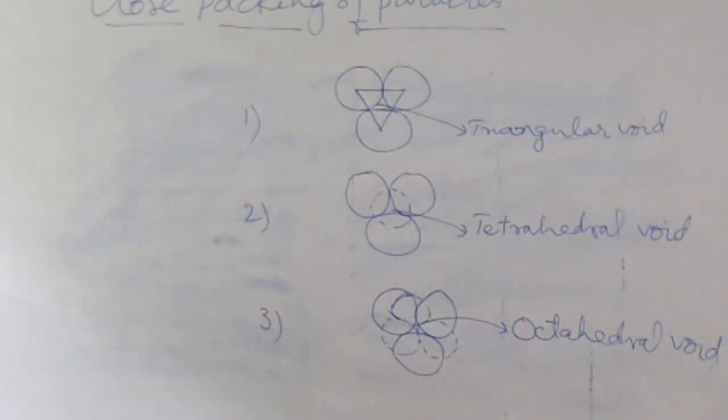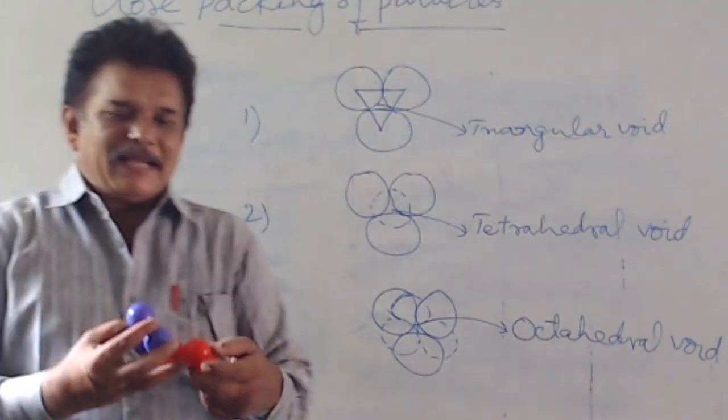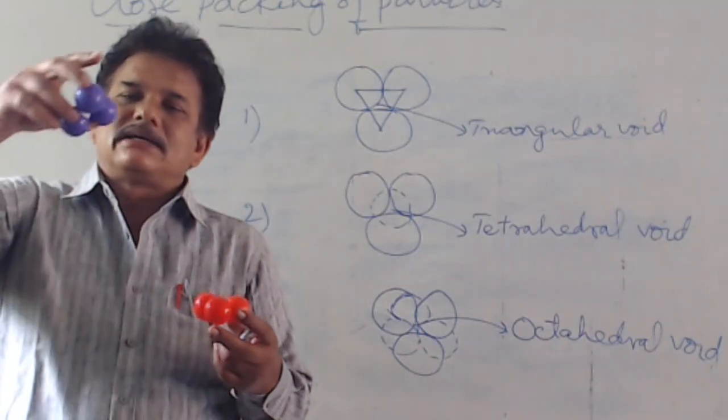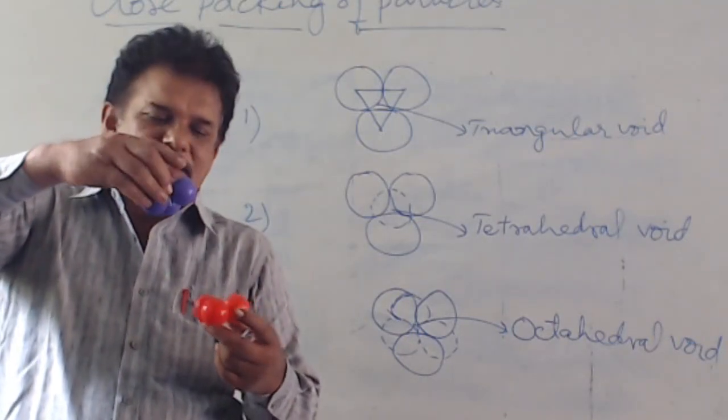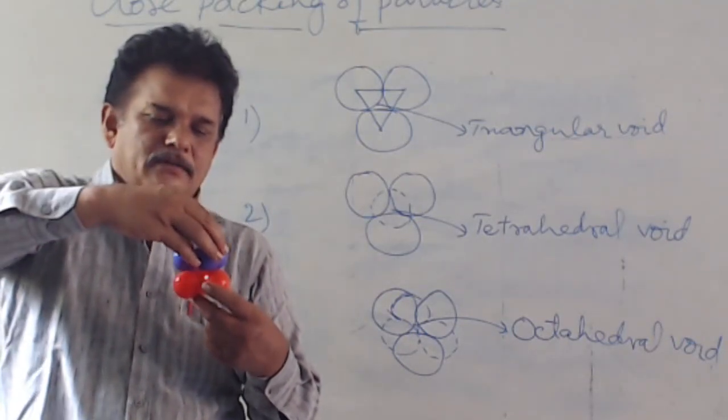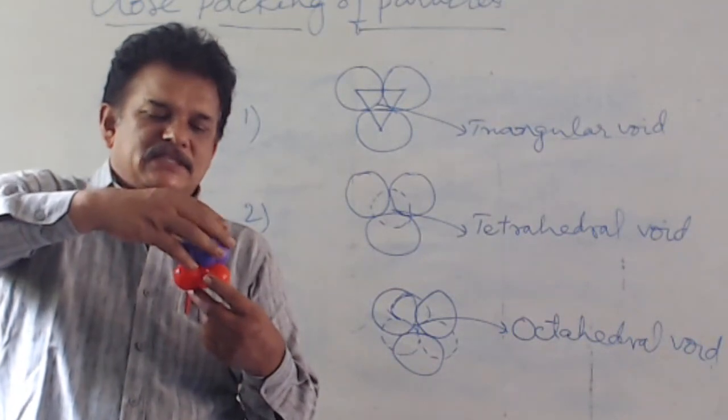Say these are 3 spheres. These are another 3 spheres. I am placing these 3 spheres like this, and these 3 spheres like this.